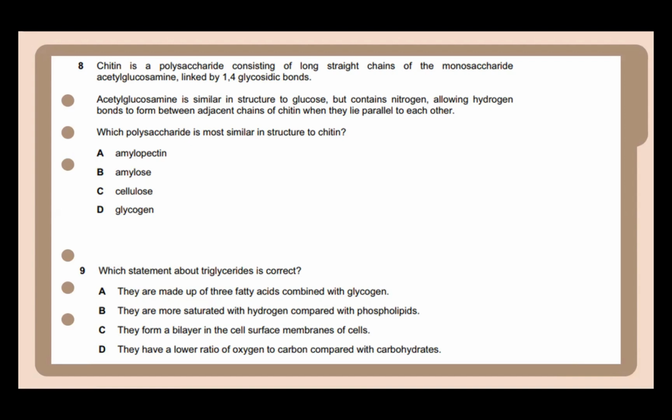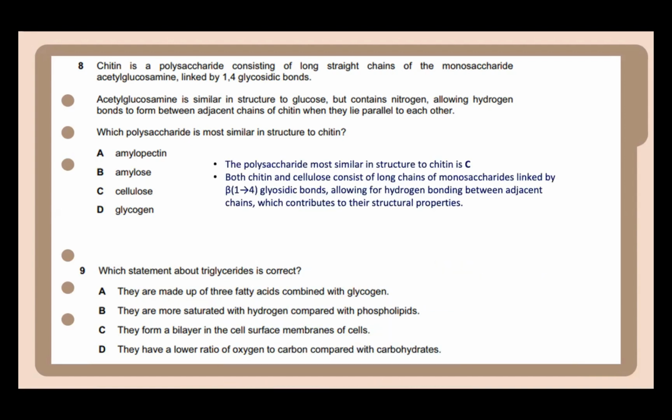Which polysaccharide is most similar in structure to chitin? The polysaccharide most similar in structure to chitin is cellulose. Both chitin and cellulose consist of long chains of monosaccharides linked by beta 1-4 glycosidic bonds, allowing for hydrogen bonds between adjacent chains which contribute to their structural properties.